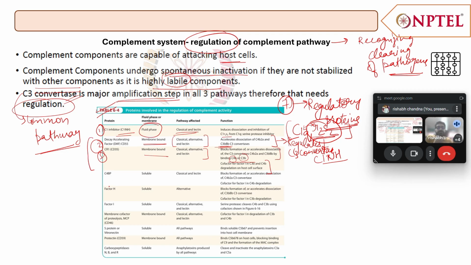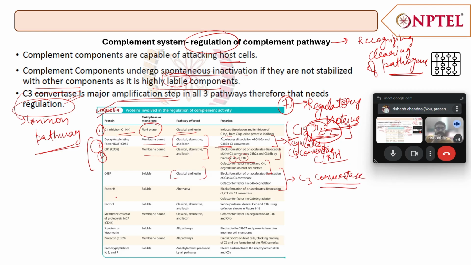Then we have C4BP, that is soluble, and classical and lectin pathway are its targets. This blocks the formation or accelerates the dissociation of the C4b2a C3 convertase, and it is a cofactor for factor I in C4b degradation. So this also is a part of the C3 convertase regulation.